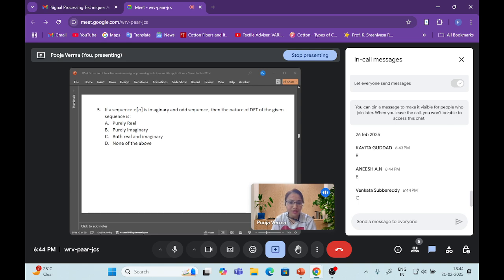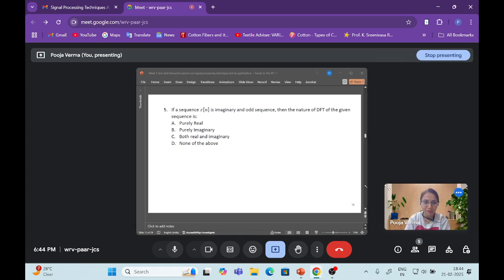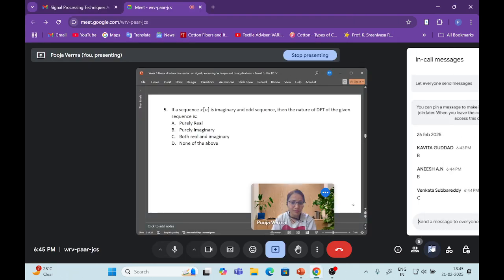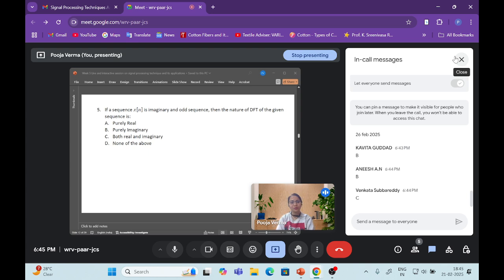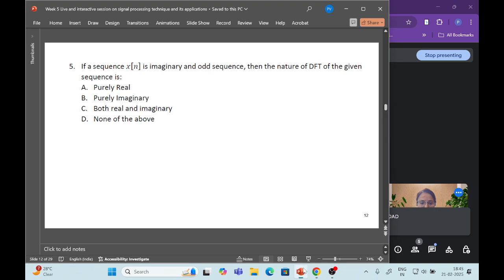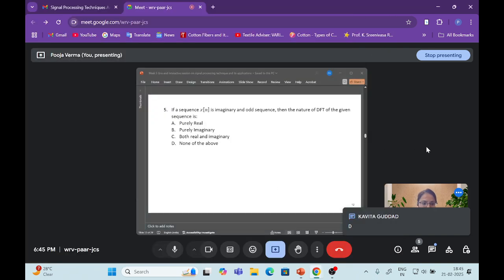Option C, both real and imaginary. Okay, we will see. Have you only made guesses, or have you solved these questions? Option D, none of the above. Okay.